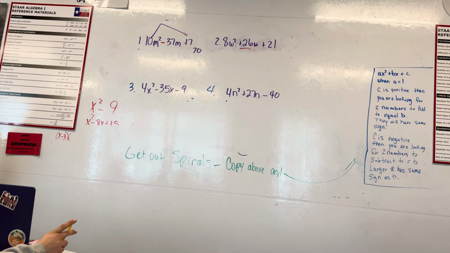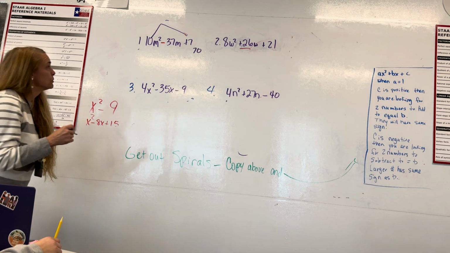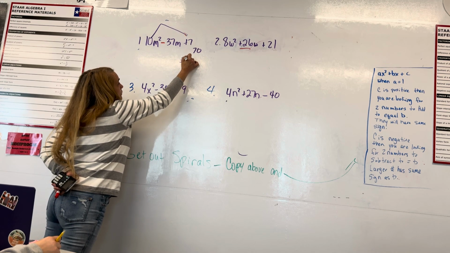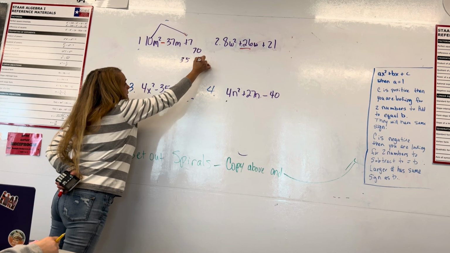Go ahead. 35 and 2, perfect. And what kind of 35 and 2? Negative. They both have to be negative.